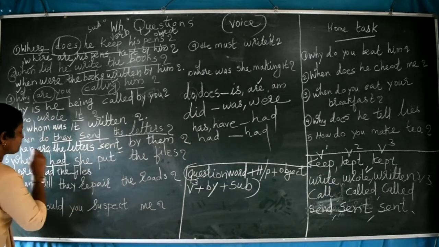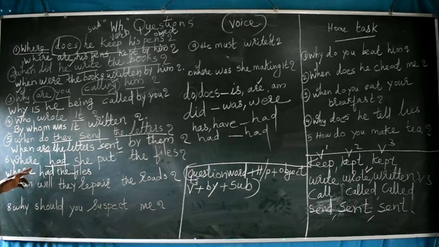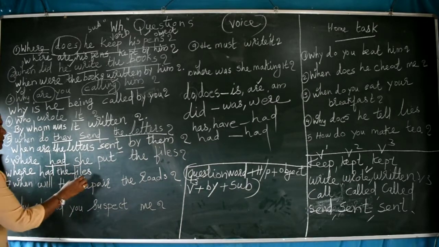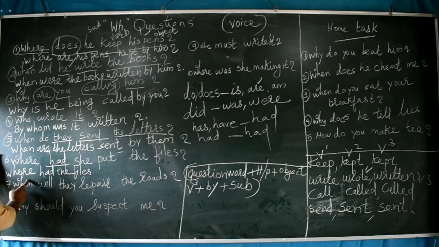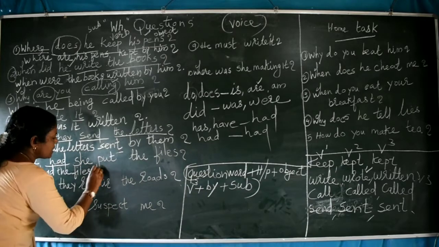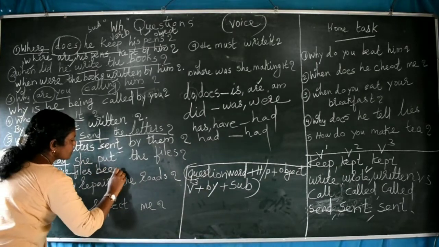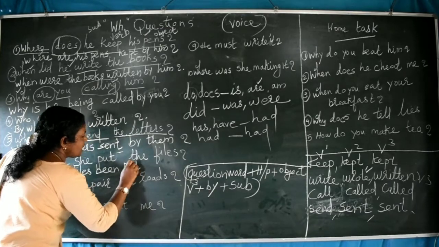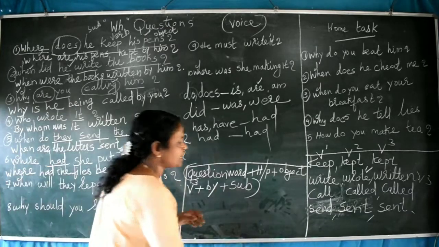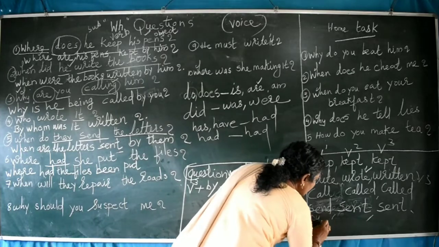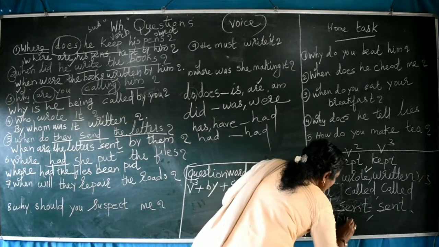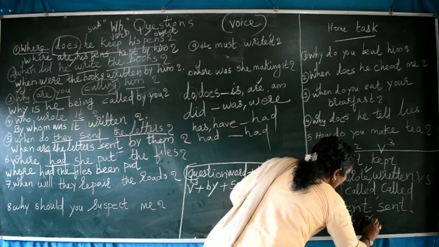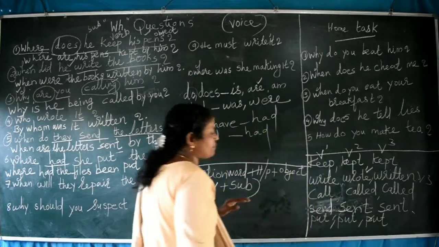and again in the perfect tenses, simple perfect, past perfect, future perfect, been will be used; all these, don't forget. Where had the files been put, and put also has one peculiarity: put, the 3 forms are the same, so verb 3 form is also the same.